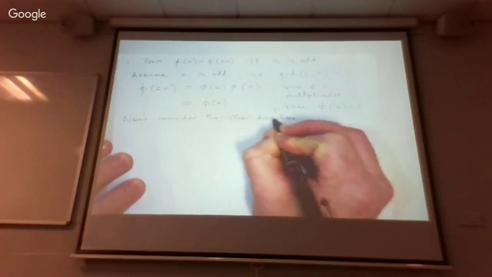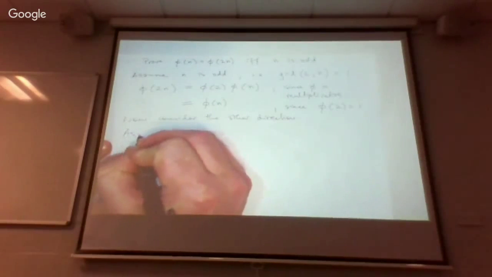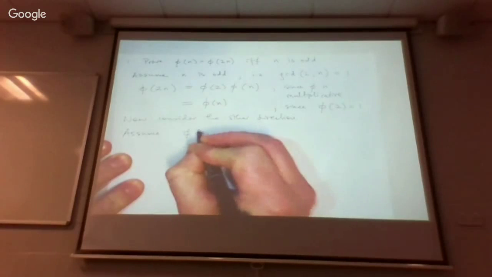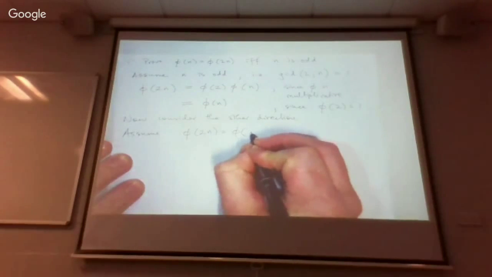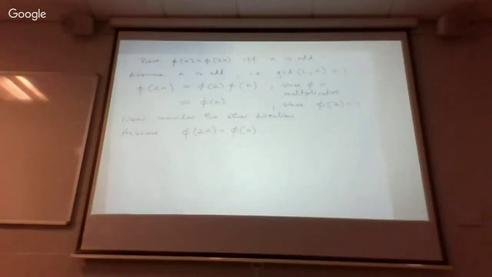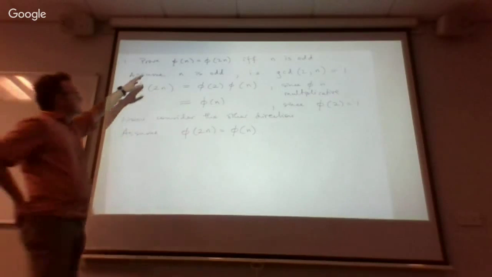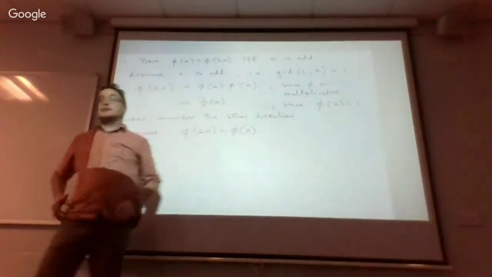This time we've got to start off by assuming that phi of 2n equals phi of n, and we've got to reach the conclusion that n is odd.